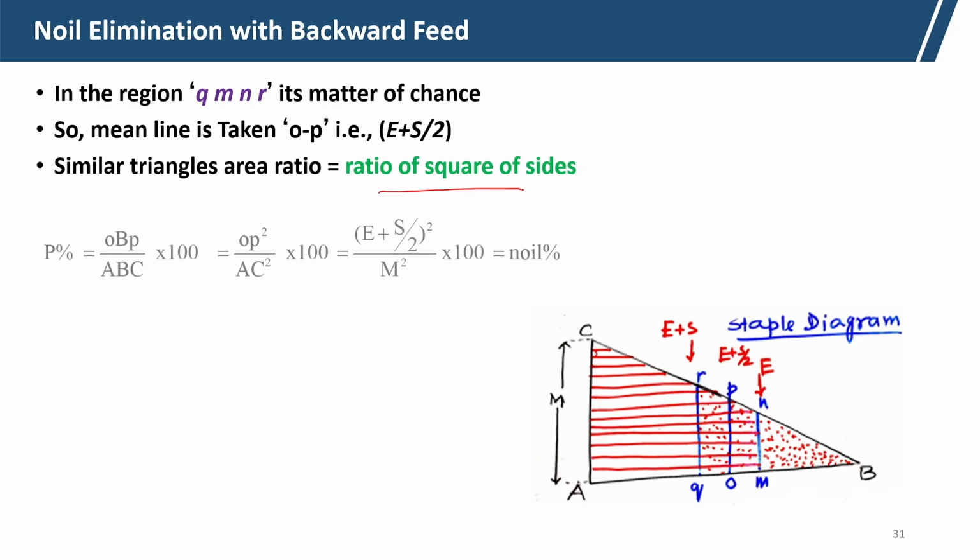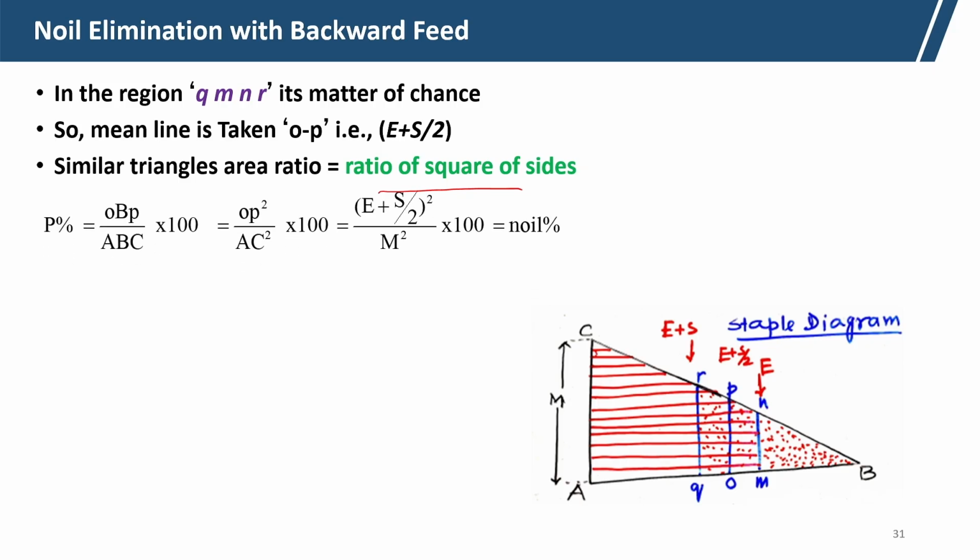So, we can see the noil percent will be OPB by ABC, where ABC is the total weight.